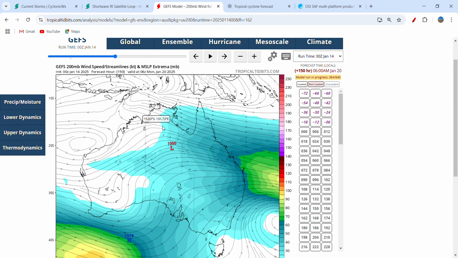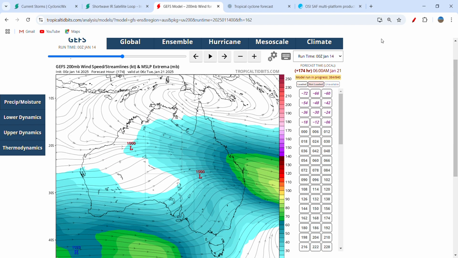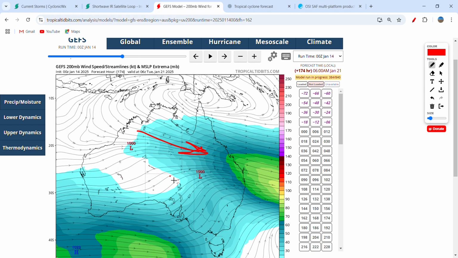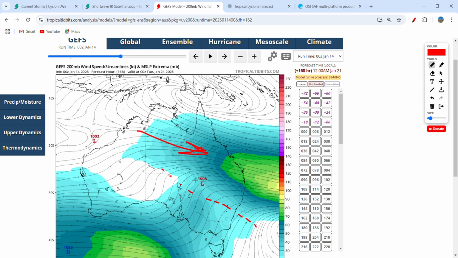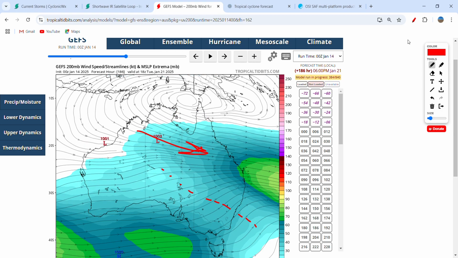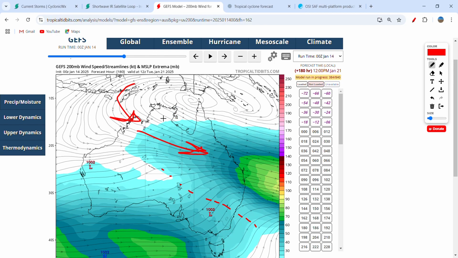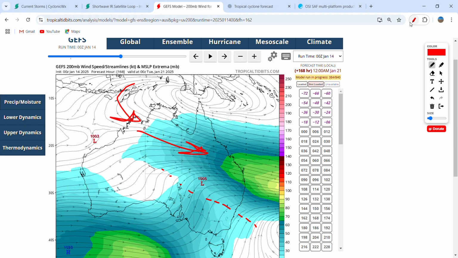Then it moves over land. We see that, yes, very divergent flow again. We're looking at this kind of pattern here where we have a weak trough that's passing, so it'll be able to benefit off that. But there will be some northwesterly flow coming in, so that may induce some shear.